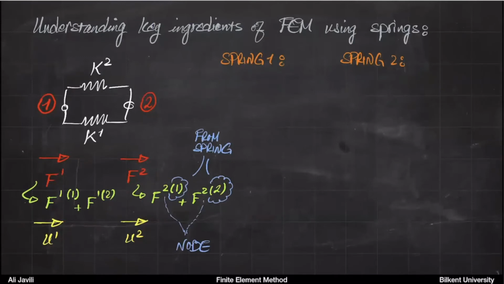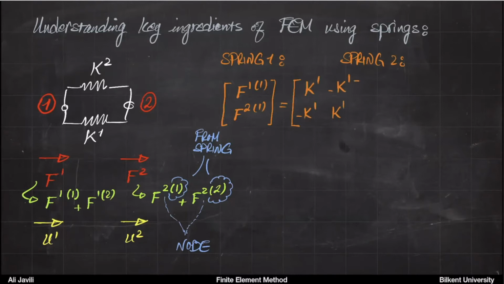So if I want to do that for spring 1, on the force vector, I would have F1 from spring 1, F2 at node 2 from spring 1, equals K1, minus K1, minus K1 and K1, and then this is U1 and U2.